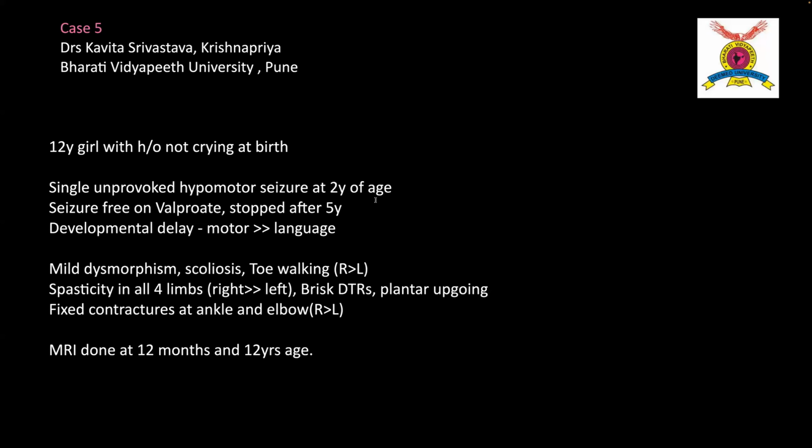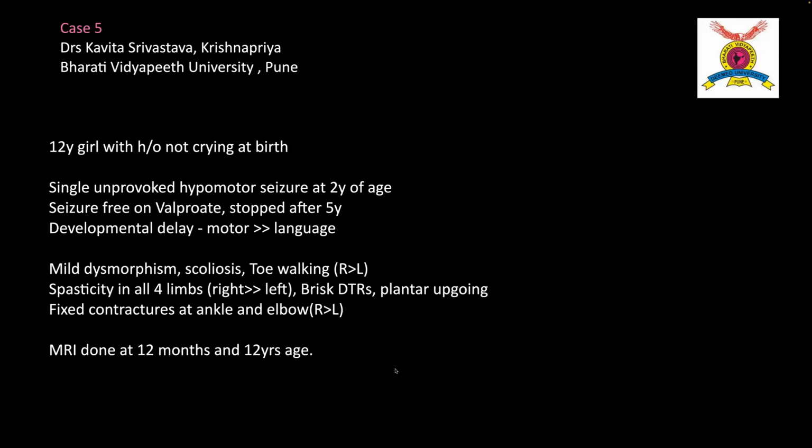She has normal dentition, and there are features of spastic quadriplegia, right side more affected than the left. She did not have any cleft lip or palate. She had scoliosis and fixed contractures.